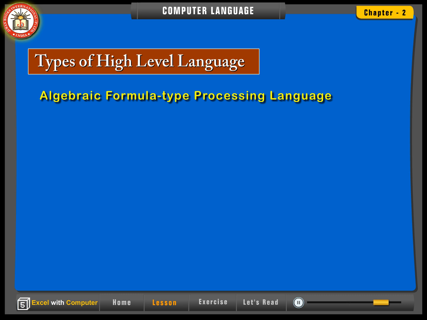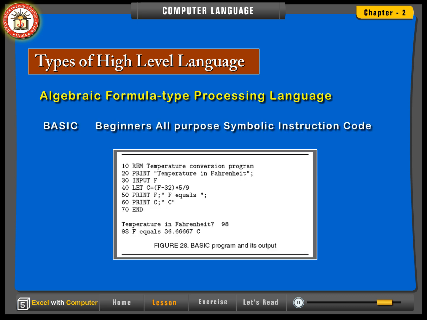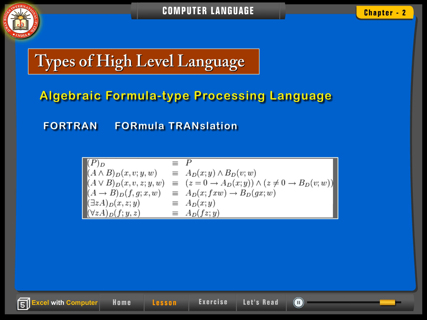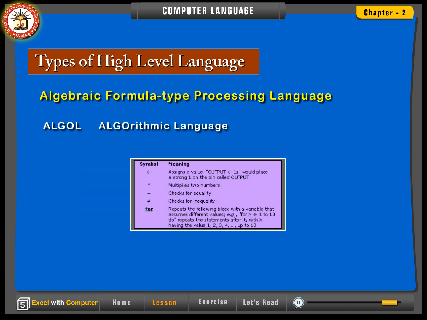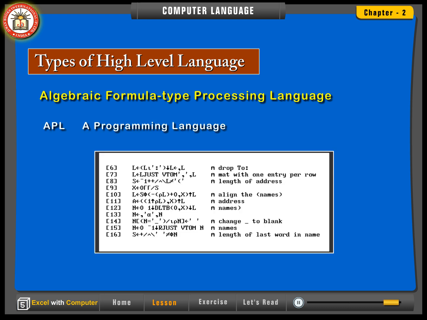These languages are specially used for solving mathematical and statistical problems. For example, BASIC, Beginner's All-purpose Symbolic Instruction Code. Fortran, Formula Translation. ALGOL, Algorithmic Language. APL, A Programming Language.